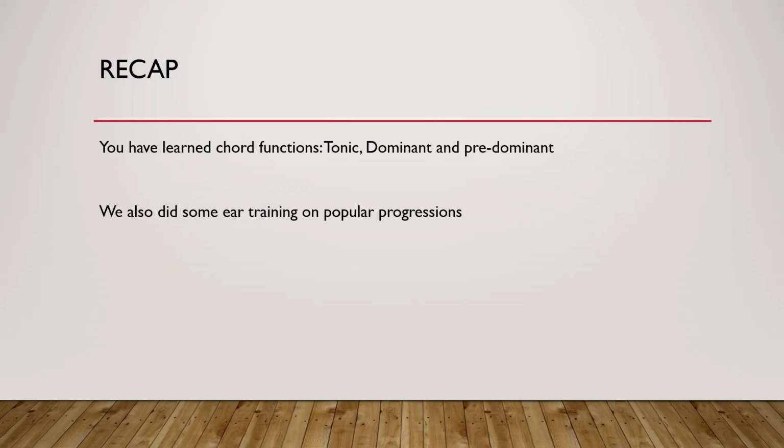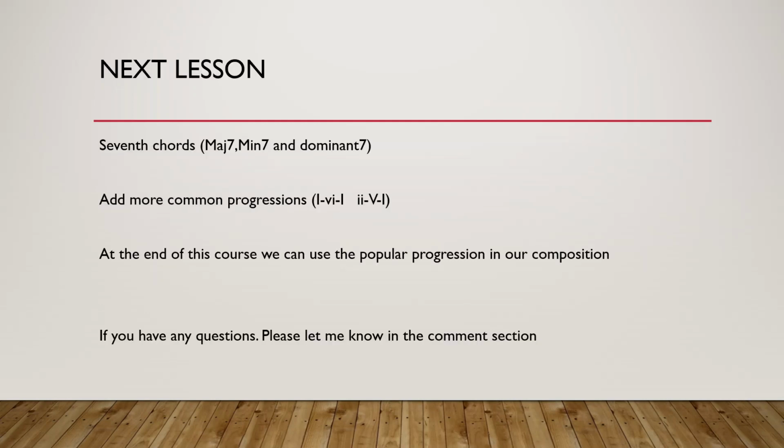Because this is a brand new topic to learn and maybe it's really difficult, I want to start easy with just 3 things: perfect cadence, imperfect cadence, deceptive cadence. And in the next lesson we will add 2 more progressions, 1, 6, 1 and 2, 5, 1. We will also talk about 7th chords, the major 7th, minor 7th, and the dominant 7th chords.